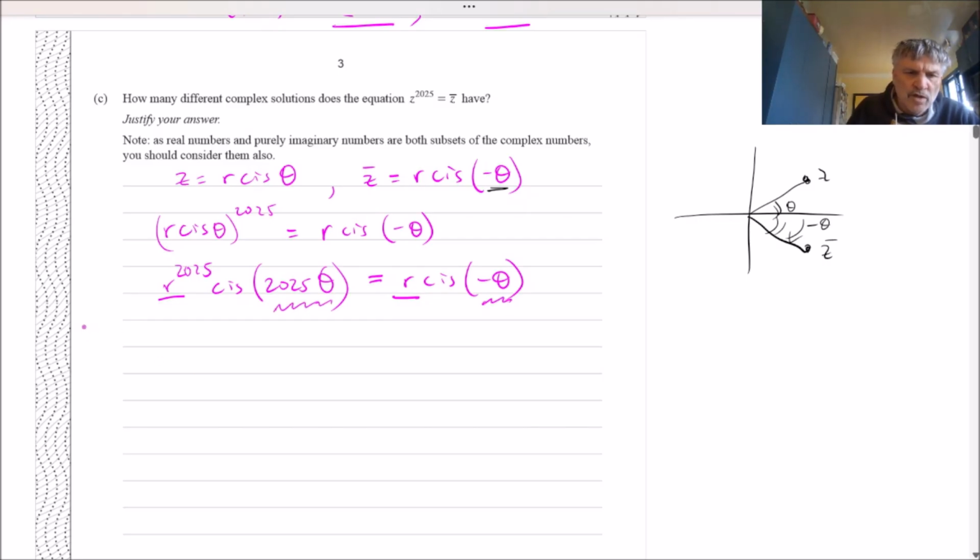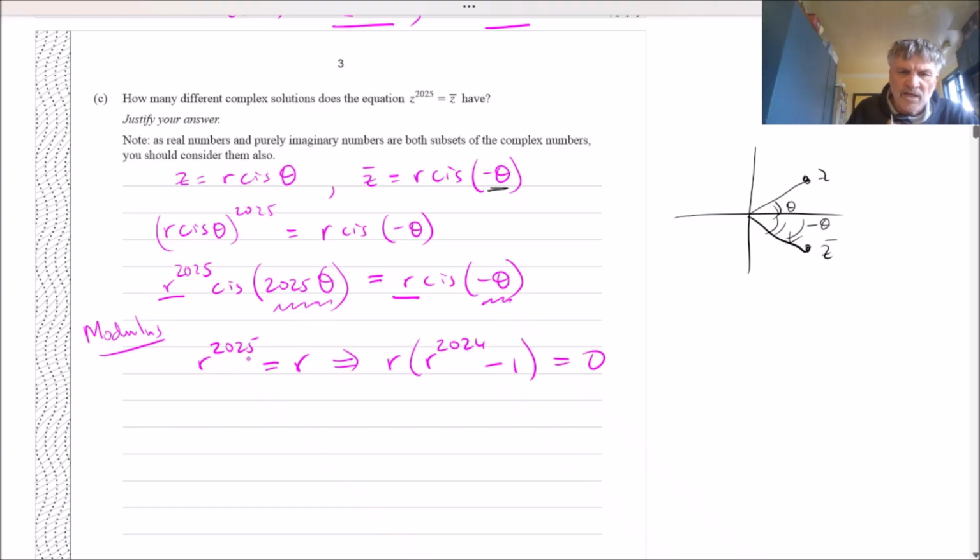So we're going to get two equations here, one for the modulus, which is going to say R to the power of 2025 equals R. That's the same as r times r to the power of 2024 minus 1 equals 0.